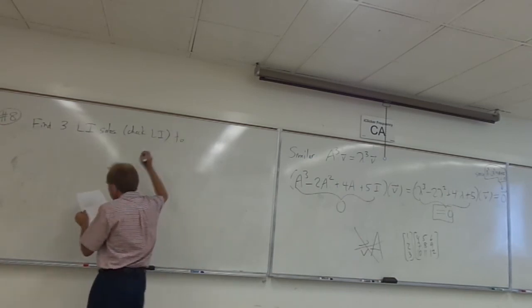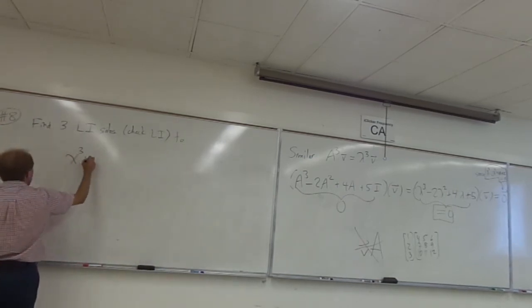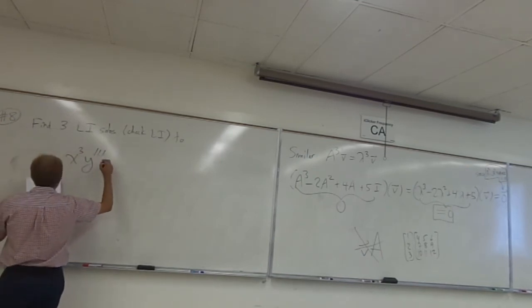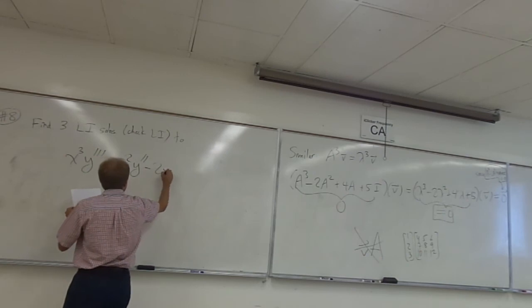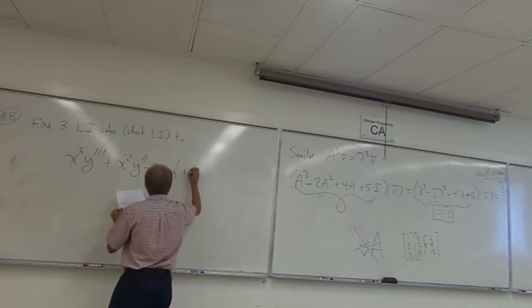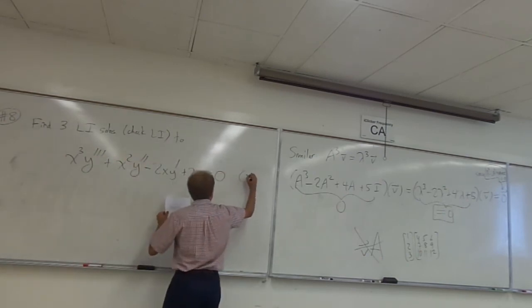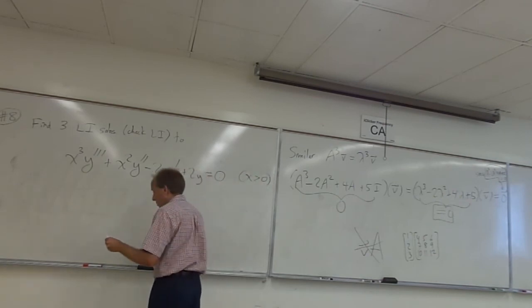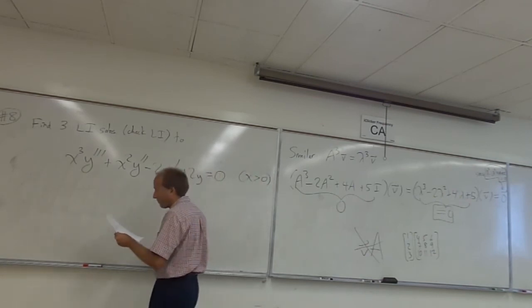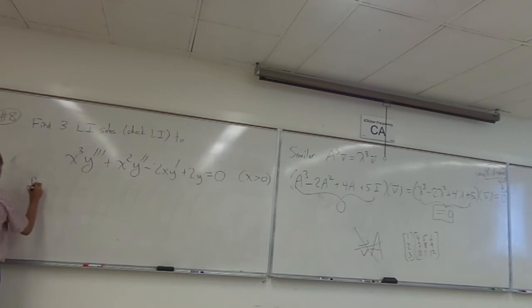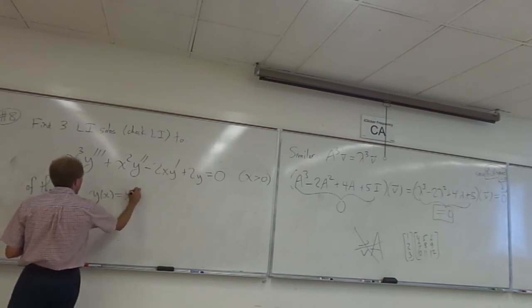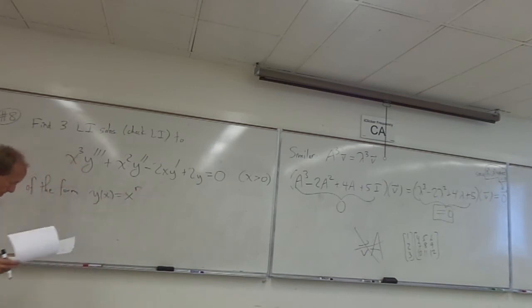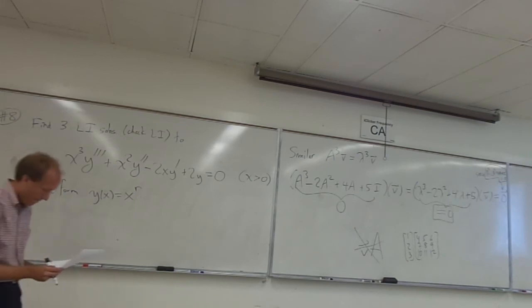Here's the differential equation: x cubed y triple prime plus x squared y double prime minus 2x y prime plus 2y equals 0. We're going to assume x is positive, of the form y of x equals x to the r. Okay?